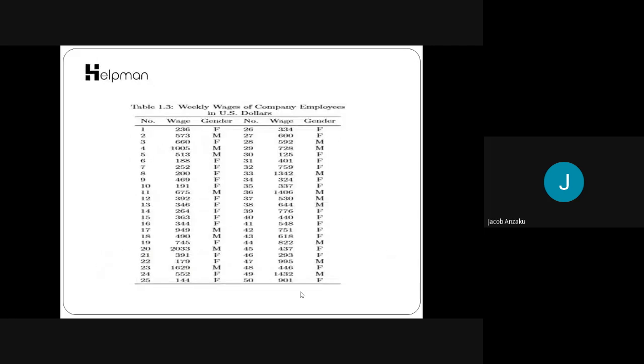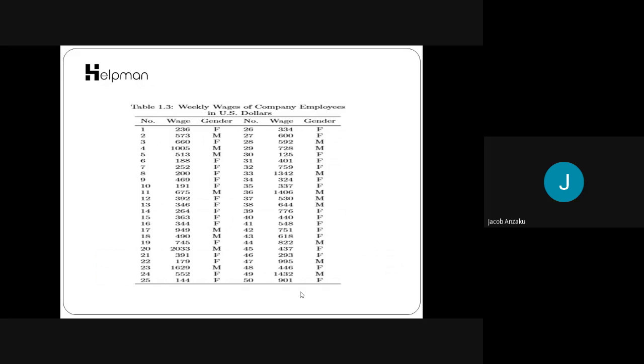Now table 1.3 presents wages of company employees in US dollars. So all the wages are in US dollars. For instance, number one, we have 236 US dollars, and it's a female.